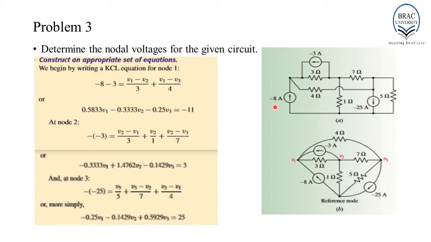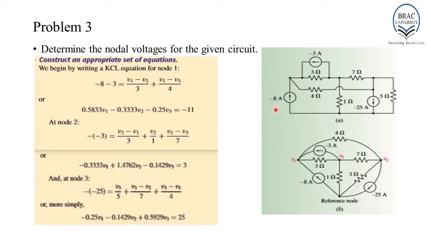Now, while writing down the linear equations, if you consider that the direction of the current is the same as the direction assigned over here, then you need to use the negative sign. However, if you assume that the direction of the current is opposite to the direction assigned, then you don't have to incorporate the negative sign.